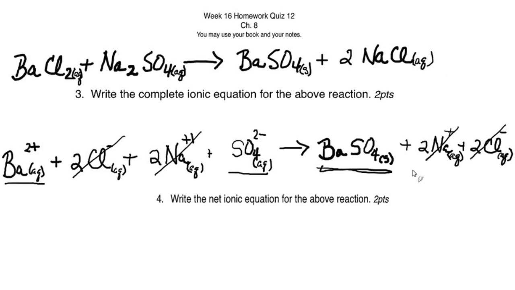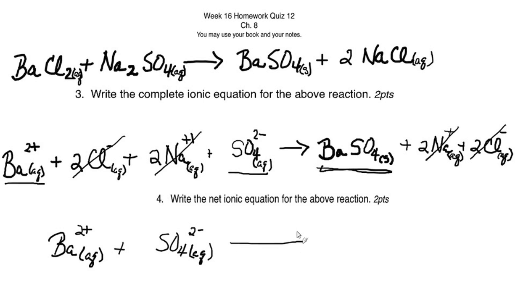Nothing actually became different for them. So the net ionic equation then becomes barium 2+, which is aqueous on the reactant side, plus the sulfate ion, which is 2-, that's aqueous, and it forms the precipitate, which is called barium sulfate, and that's solid.